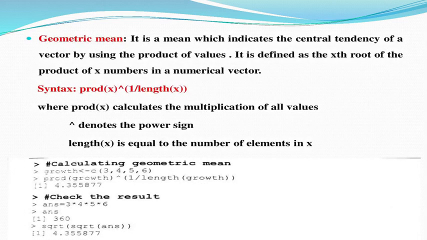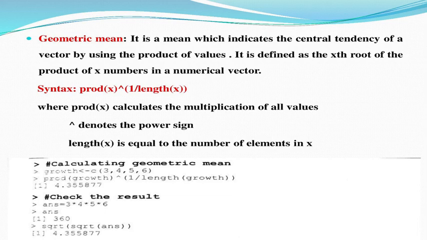The geometric mean is a mean which indicates the central tendency of a vector by using the product of values. The geometric mean is defined as the nth root of the product of n numbers in a numerical vector.